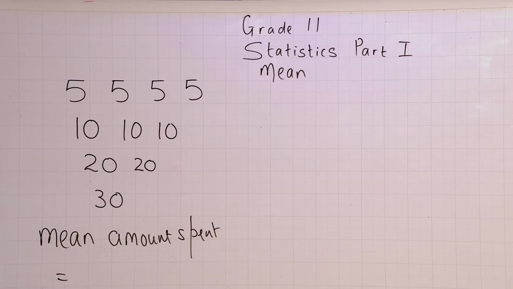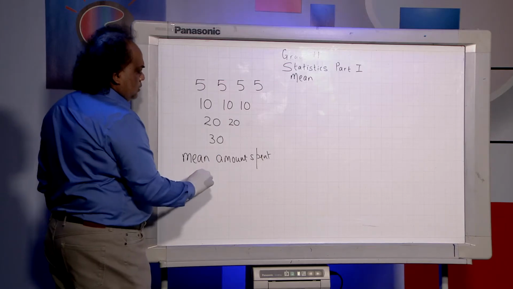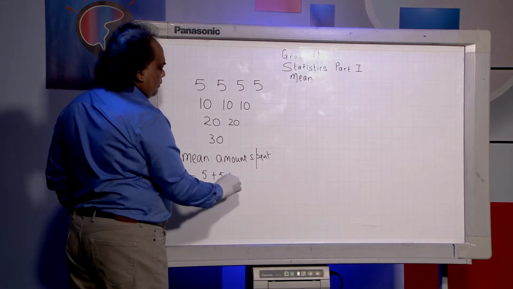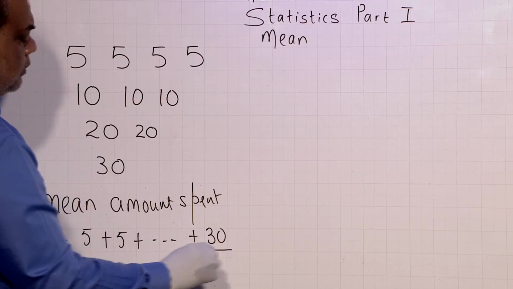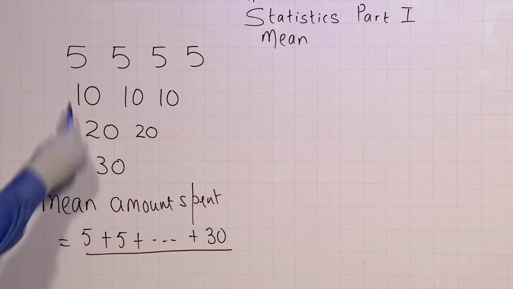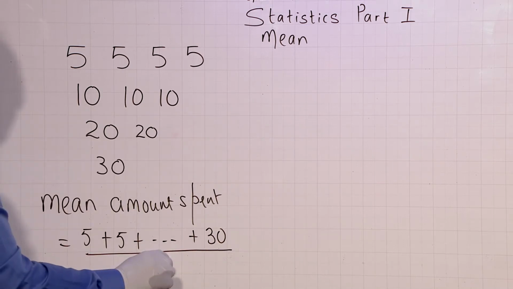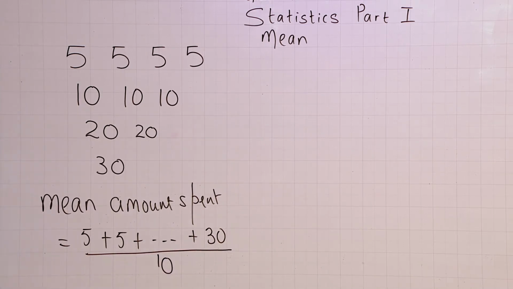The formula is very simple. We add all the data that we have and divide by the number of students, that is 10. I would like you to calculate this mean for me.